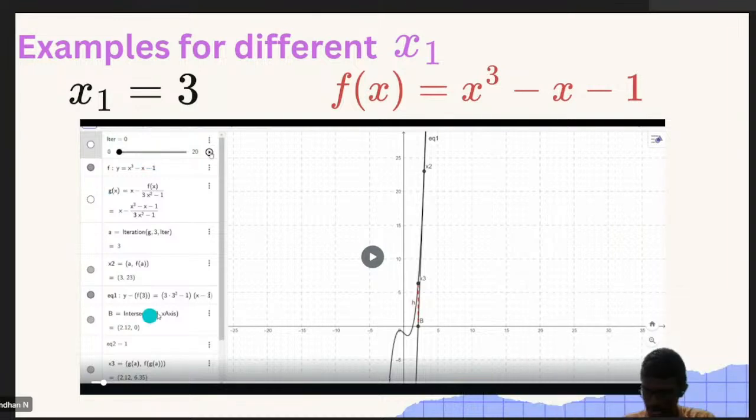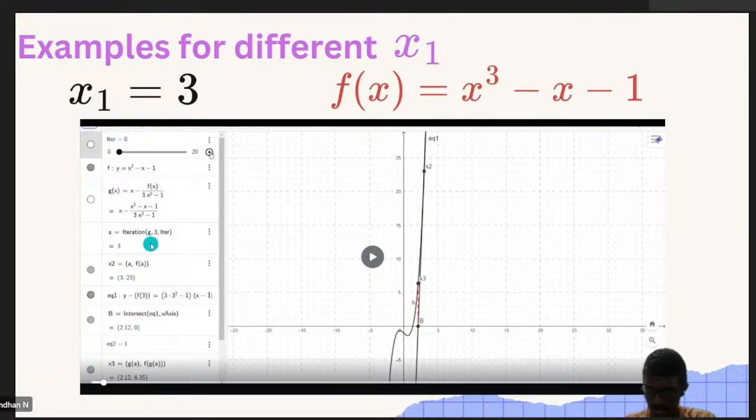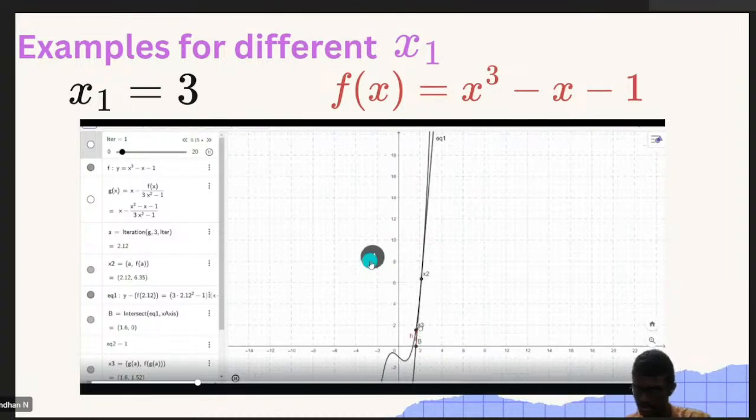You don't need to read all of this, but just analyze how this point moves. There are multiple points here, so to avoid confusion, I've clearly written them down. First it is 3, 23. Analyze how it works. It goes here, and then after the first iteration, it goes to 2.12, 6.35. You can see it gets closer and closer to the x-axis. First it was 23, now it went to 6.35. What about the next iteration?